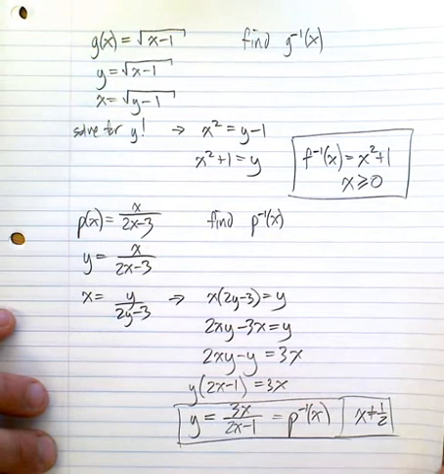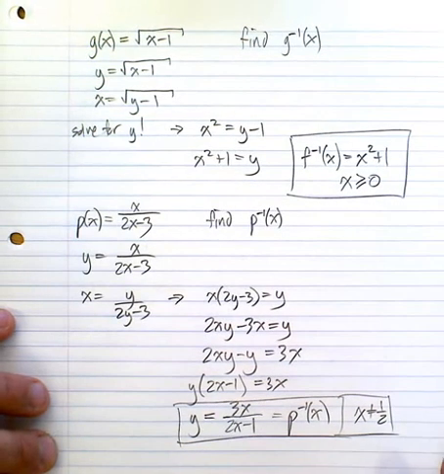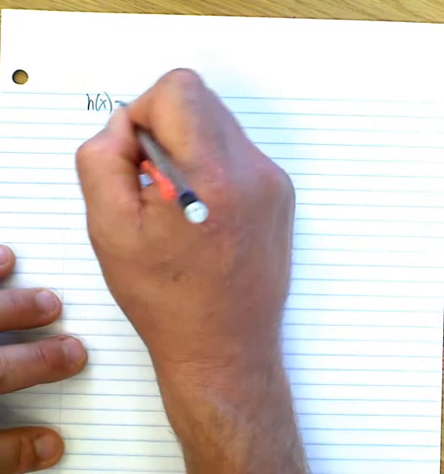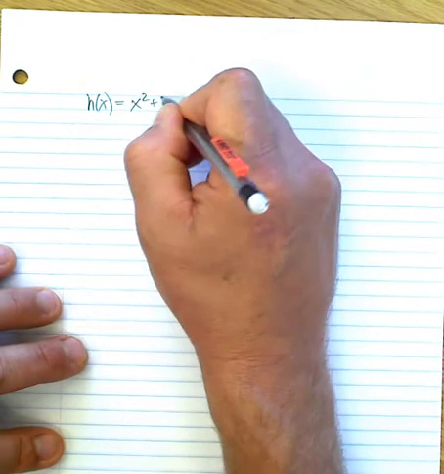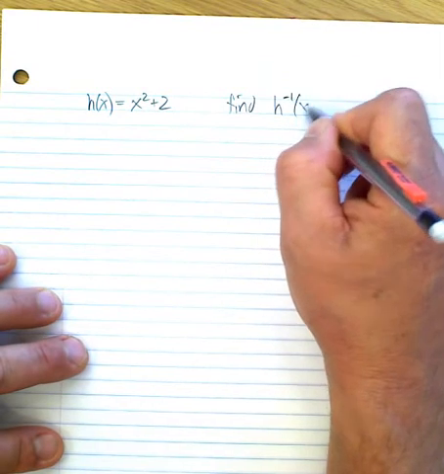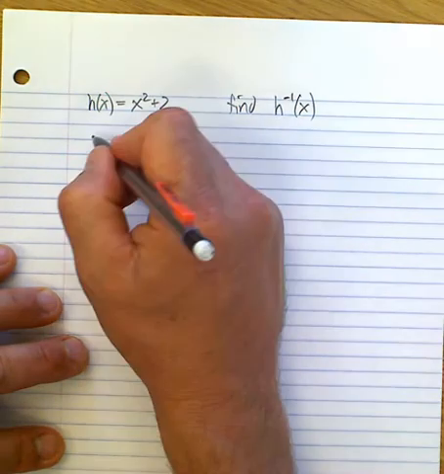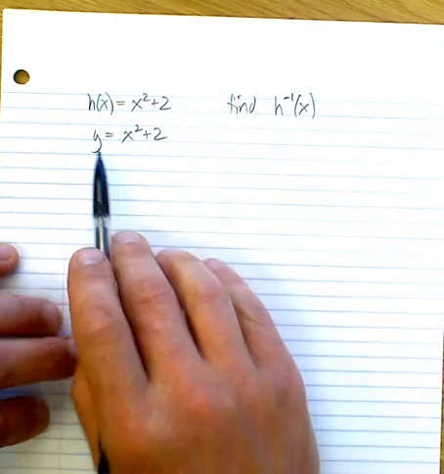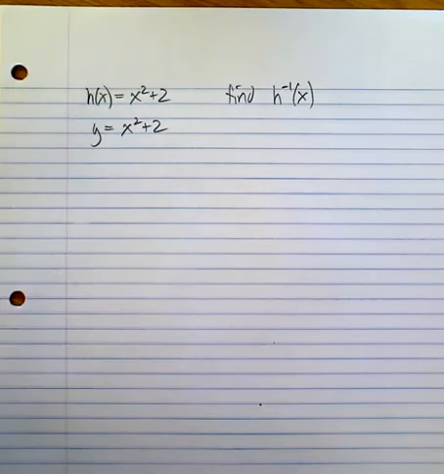I've got one more situation to show you, and it will involve, again, the radical function. If I'm given h of x equal to x squared plus 2, find the inverse of that function. Same thing, x squared plus 2 will make the h of x y. This is where it's good to know what the original function looks like.